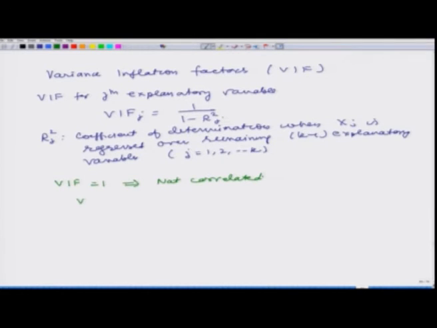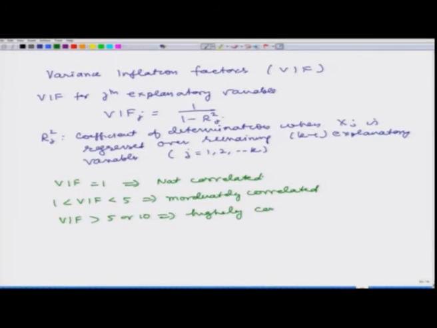If we are getting a value between 1 and 5, this indicates that the variables are moderately correlated. And if we are getting a value of more than 5 or 10, this indicates that the explanatory variables are highly correlated.